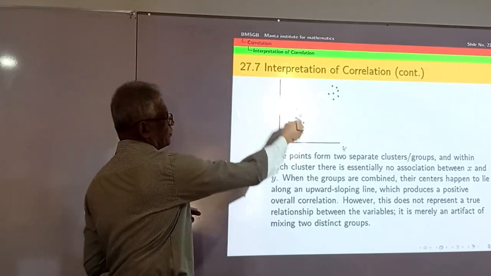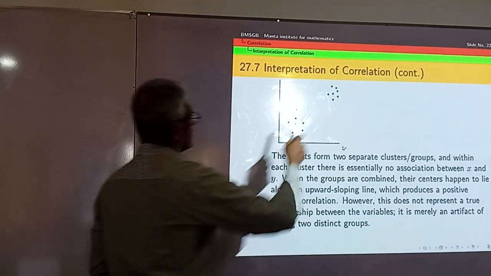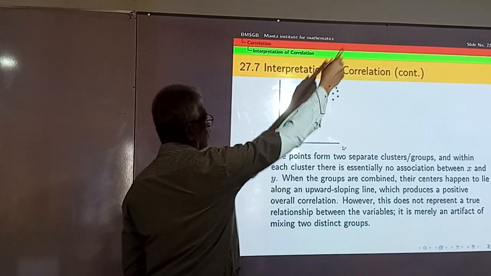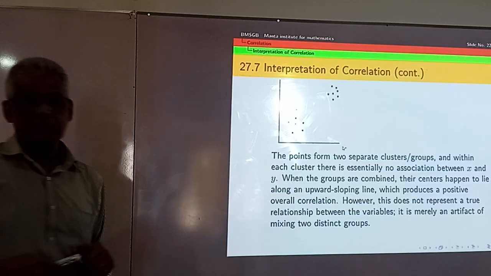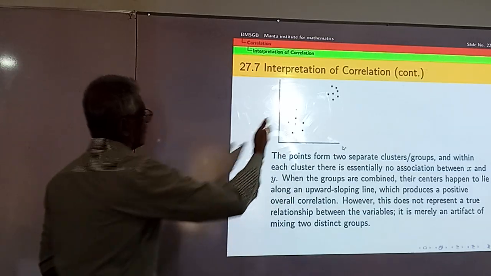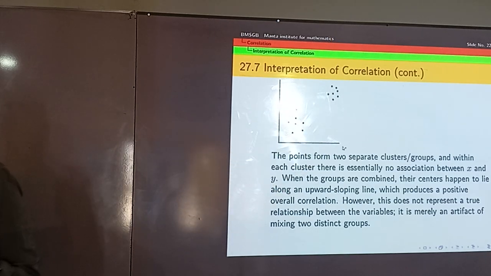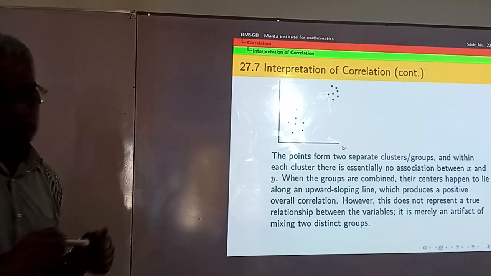Within this group there is no relationship between x and y. Within this group also there is no relationship, but if you look at them together, it shows a very high correlation. If you just look at the mean value here, it looks like there is a high correlation. That is again a spurious relationship.